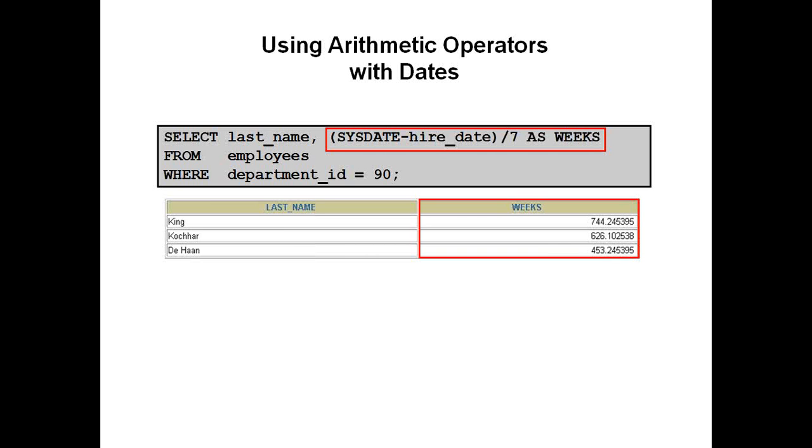With this we basically convert the days into number of weeks, and if we divide by 24, we convert that into number of hours, and if we divide by 365, then we convert that into years. So there are different options available for us. Here, by mentioning 7, we are converting that into number of weeks.